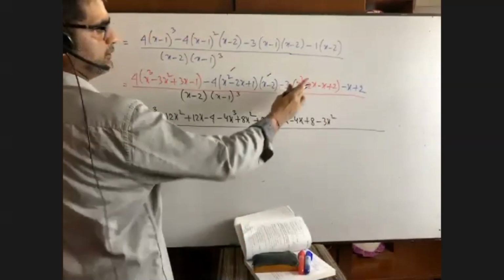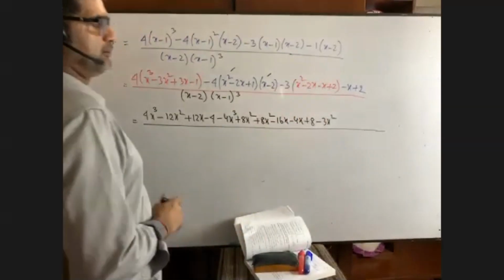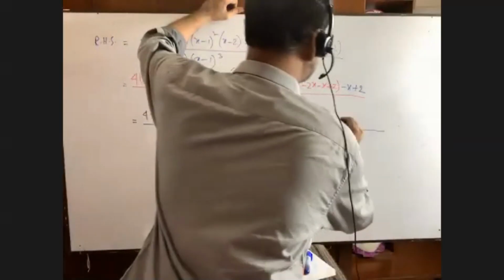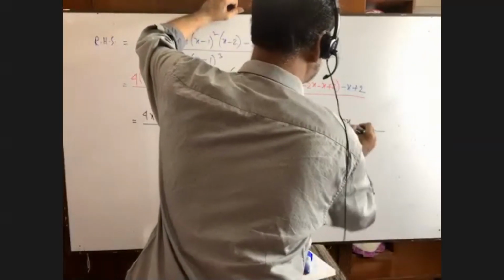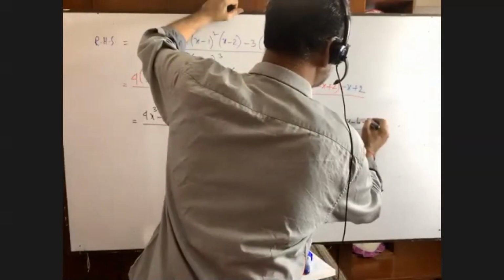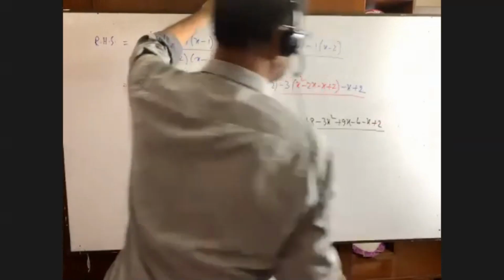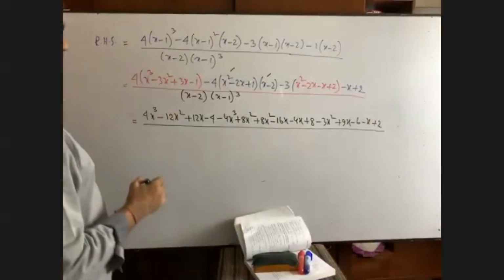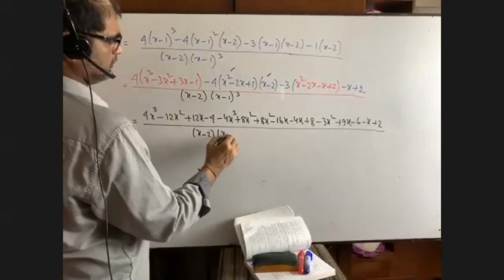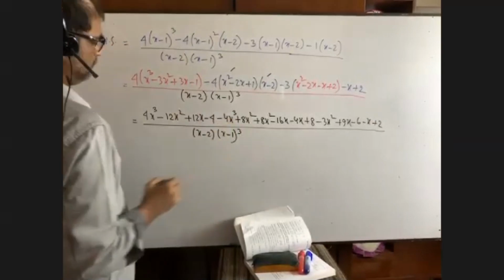And it is minus 2x minus x, that is minus 3x. Minus 3x into minus 3, that is plus 9x. And it is minus 6, minus x plus 2. Now the denominator is x minus 2, x minus 1 whole cube.